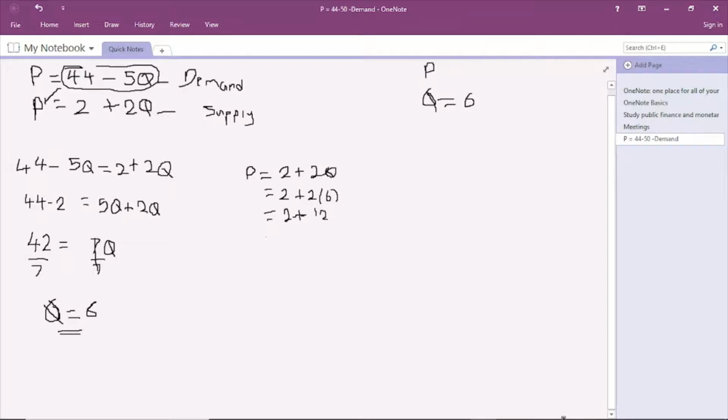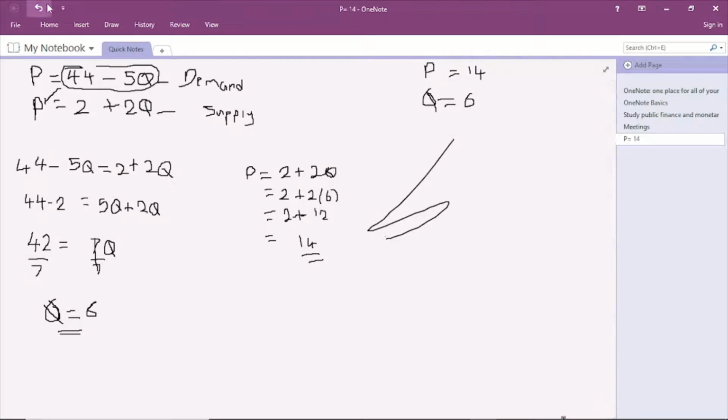So we have 12, and then 14. So the price is 14. That is what we have found when the quantity is 6.